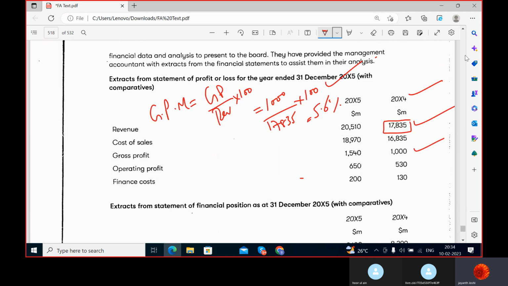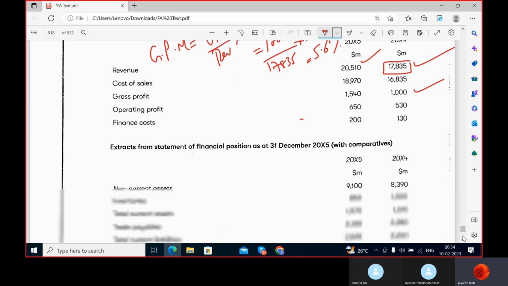So they saw a 25% increment in sales. That means delivery is nothing but sales. They are delivering more and more.